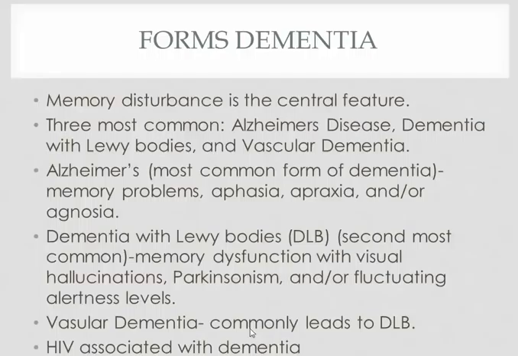With Lewy bodies, DLB is the second most common. Key features are memory dysfunction with visual hallucinations, Parkinsonism, and/or fluctuating levels of alertness. Vascular dementia commonly leads to DLB, as does HIV-associated dementia.